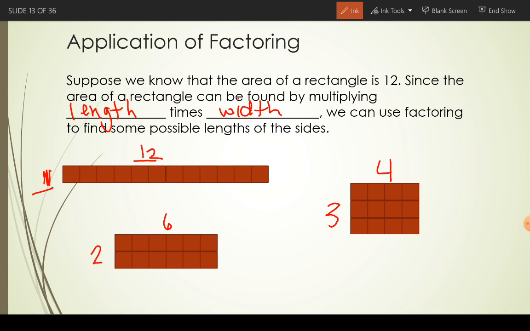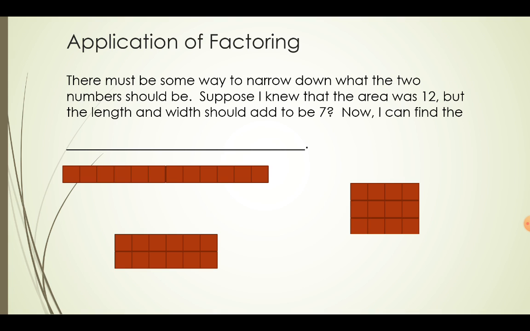So there must be some way to narrow down what the two numbers should be. Suppose I knew that the area was 12, but the length and width should add to be 7. Now I can find the magic numbers.